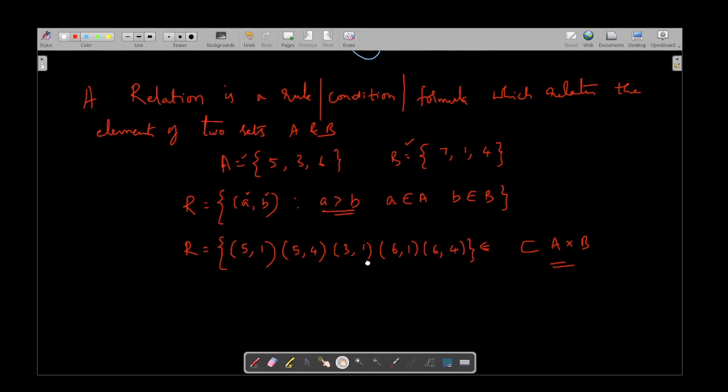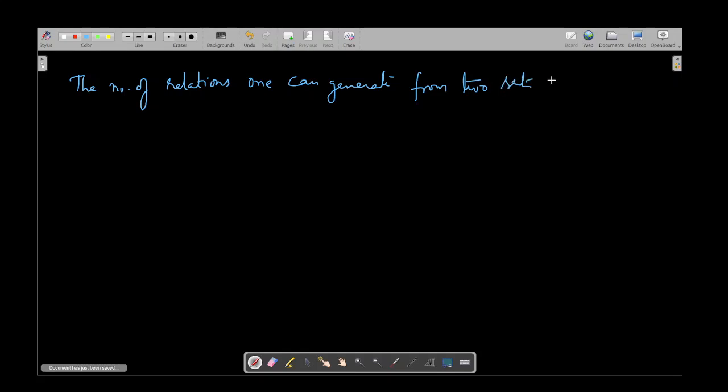Now we'll jump on to the last topic of this video, which is the number of relations one can generate from two sets A and B, with A having P elements and B having Q elements.